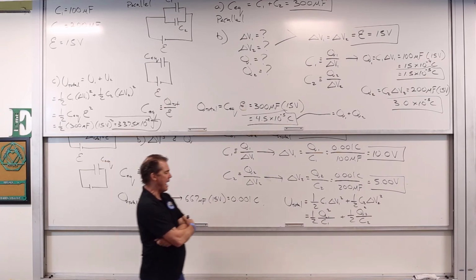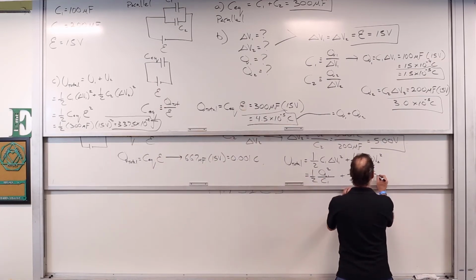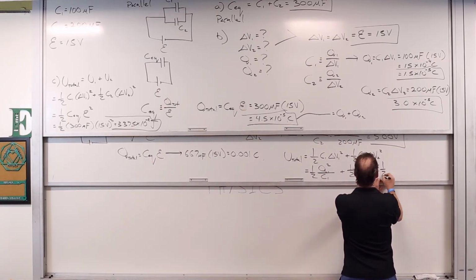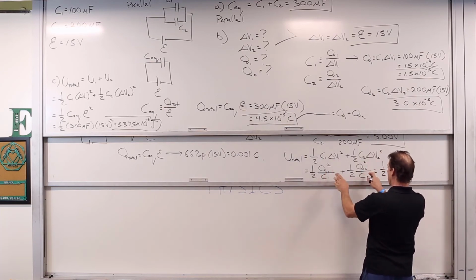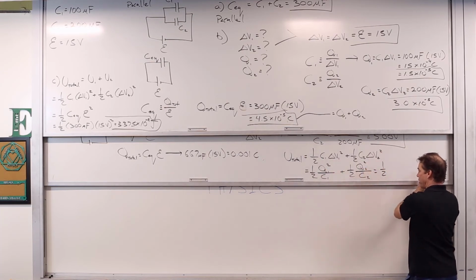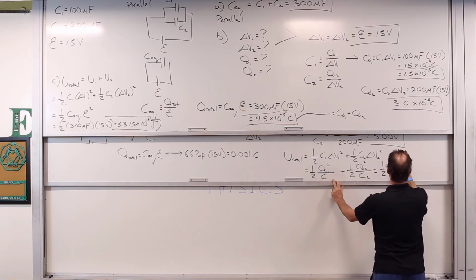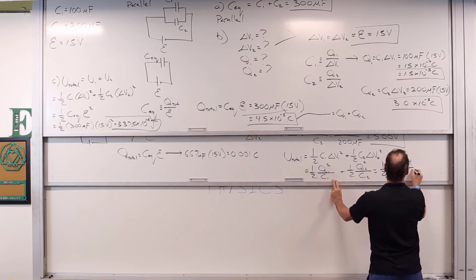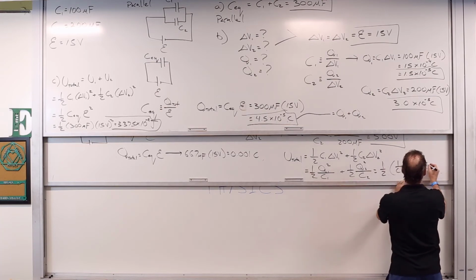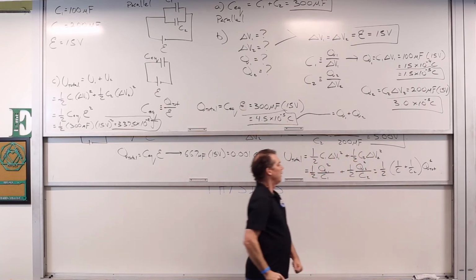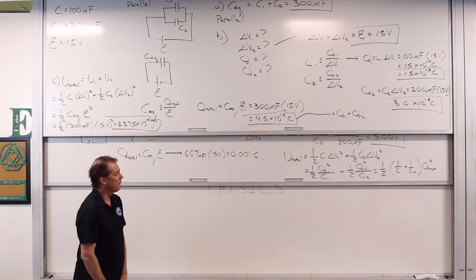So, what do we have with this? Well, look at this. Q1 is equal to Q2 is equal to Q total. So we can actually factor that out. Factor out the 1/2 on the other side. We've got 1/2 multiplied by 1 over C1 plus 1 over C2 multiplied by Q total squared. And what's the equivalent capacitance of the system?